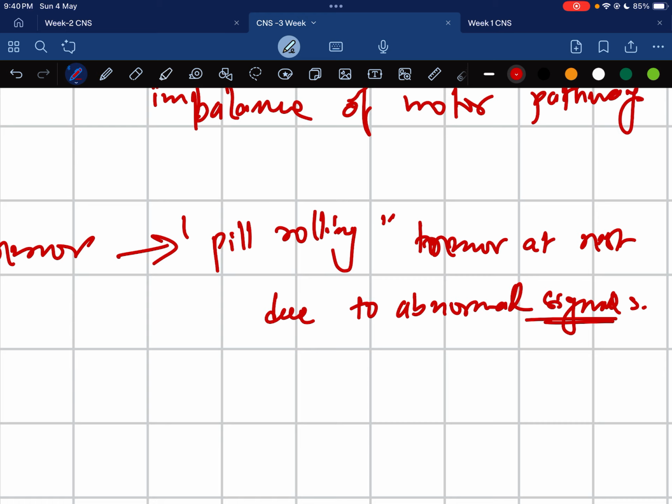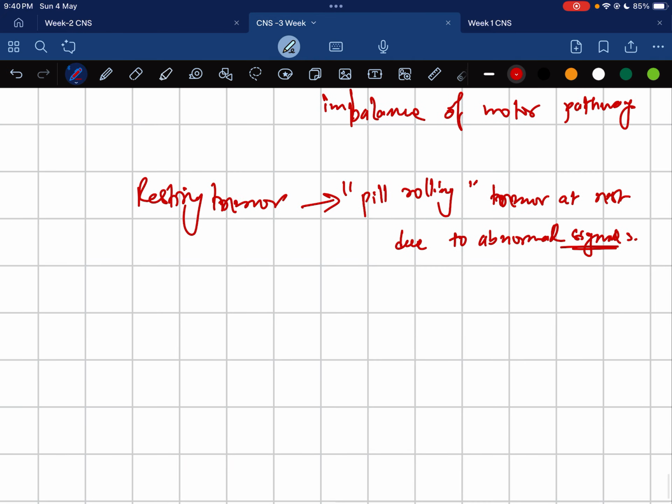Dopamine also inhibits abnormal signals, so with no dopamine there is an increase in abnormal signals, and that leads to the resting tremor.